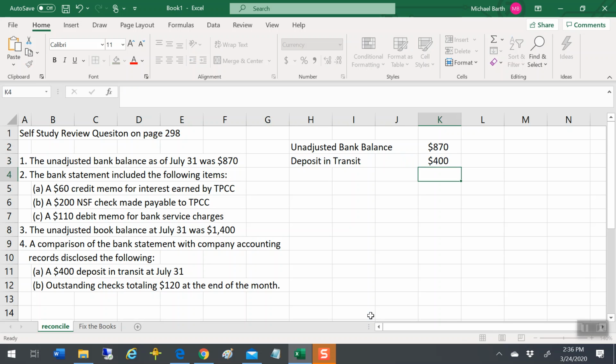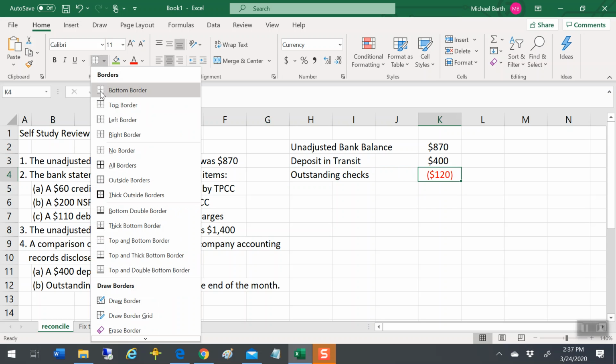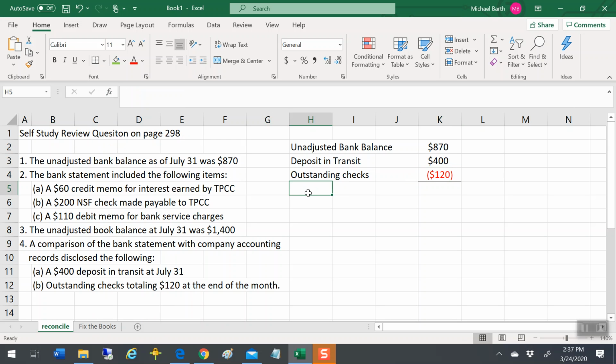So there's $400 extra, and we've written a couple of checks totaling $120. Call those uncashed checks or outstanding checks. We've written $120 of checks that the bank hadn't gotten as of the time of the statement.